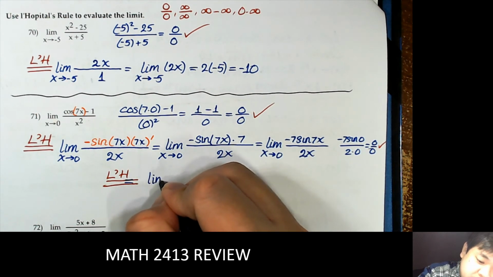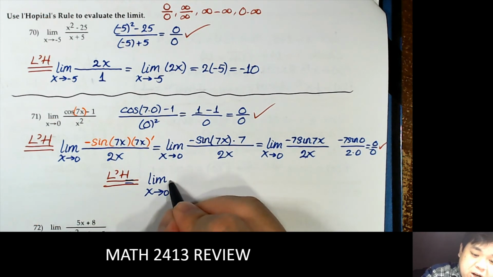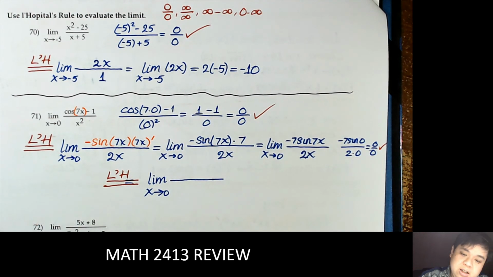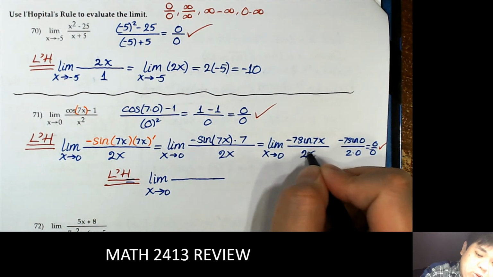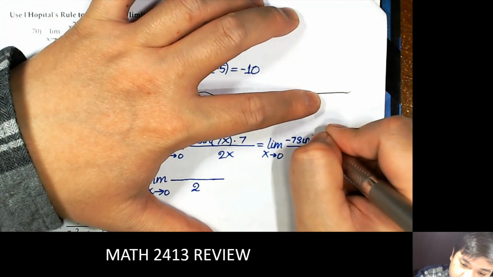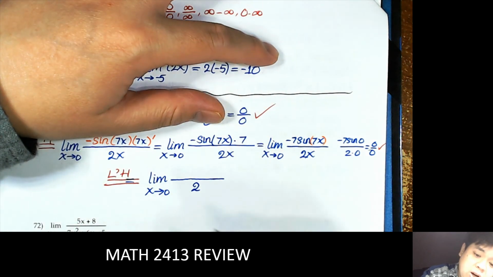If we don't have indeterminate form, never use the L'Hopital rule for something that is not indeterminate. Right, meaning derivative of the top, derivative of the bottom. Derivative of the bottom is just 2. I put the parentheses around this. Derivative of sine is cosine.